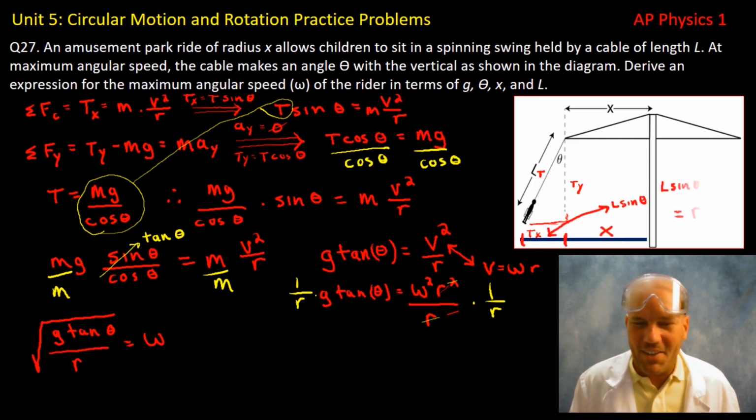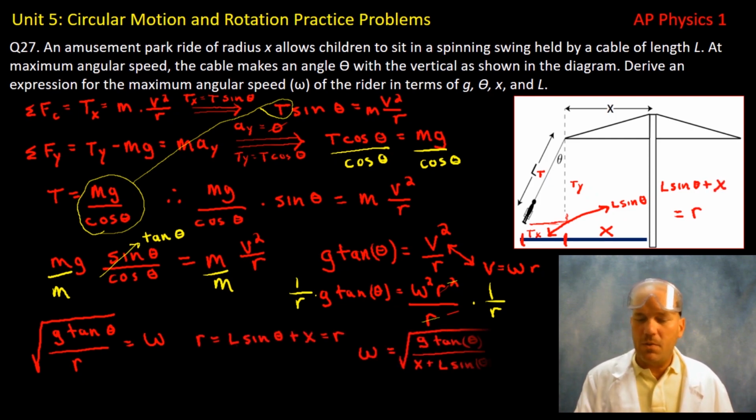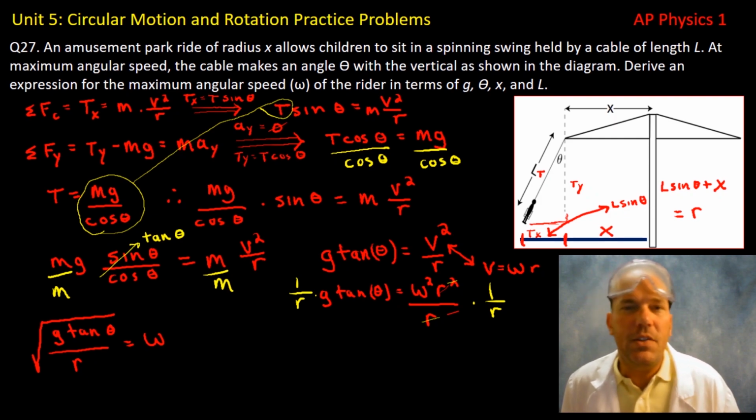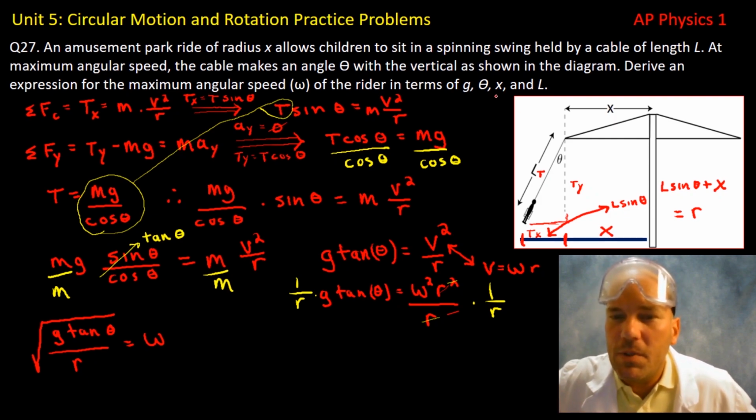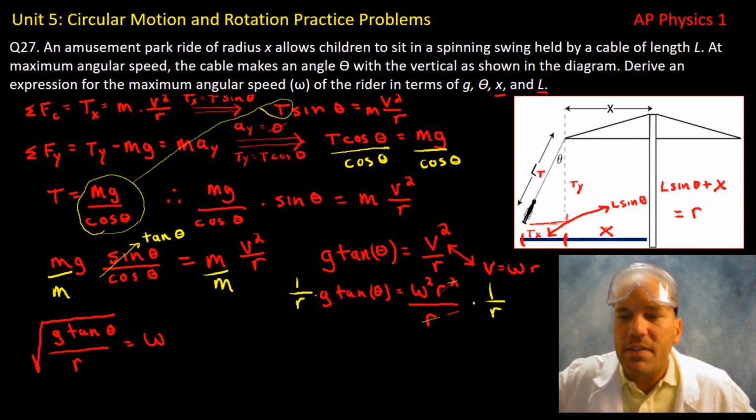Okay? All right. So the last step is going to be, we need to get this in terms of x and L. Well, we know the overall radius, this overall distance. So this blue line here is the radius.